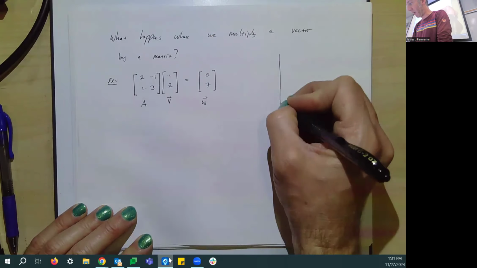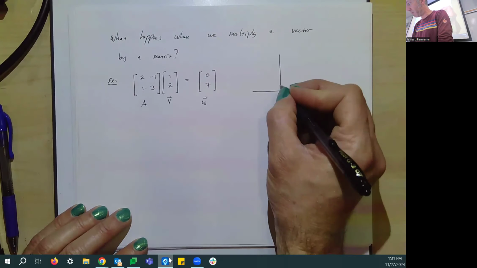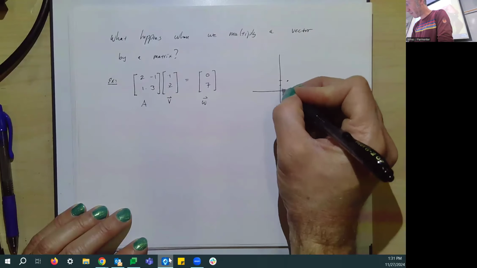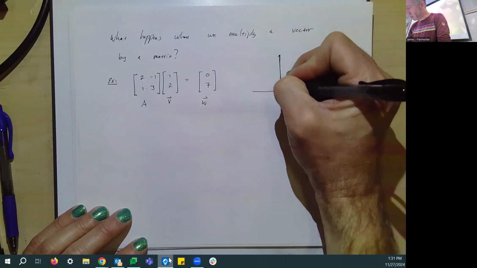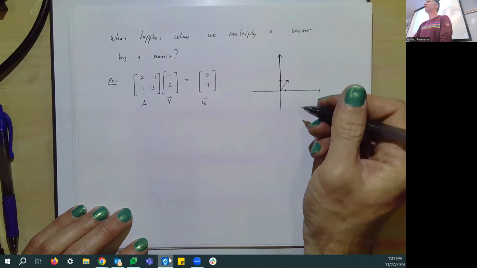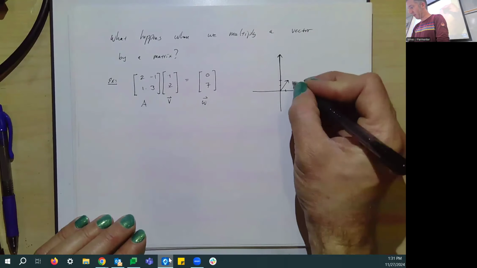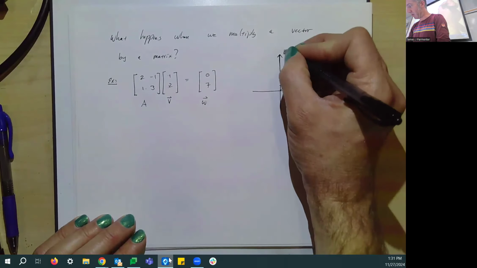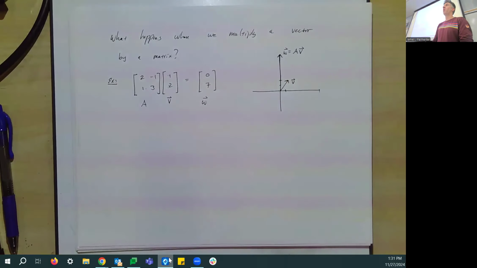Graphically, what's happening here is you're taking your original vector 1, 2, and it's both getting rotated and lengthened or shortened. In this case, lengthened. So there's our vector V. Here's W equal to A times V. In other words, when you multiply a vector by a matrix, it can change both the length and the direction.